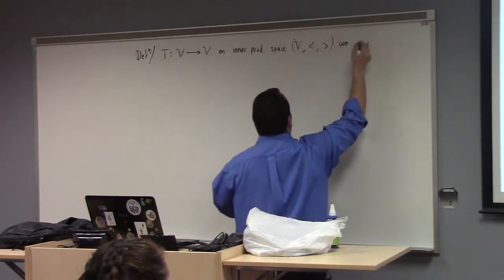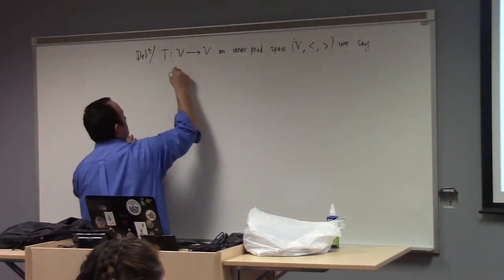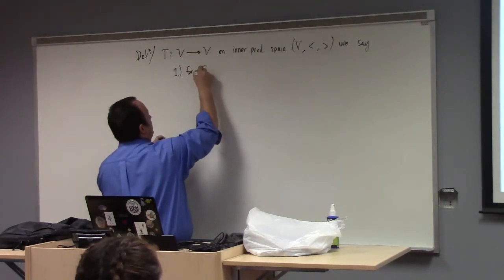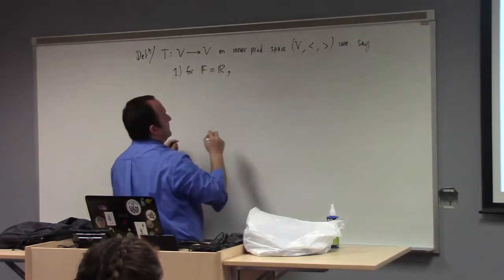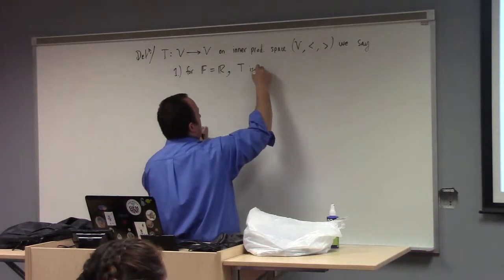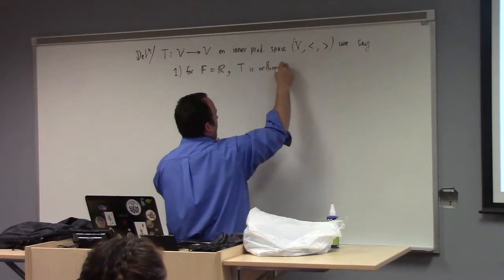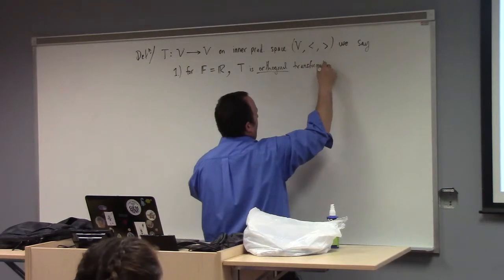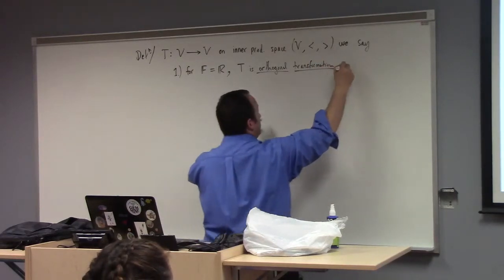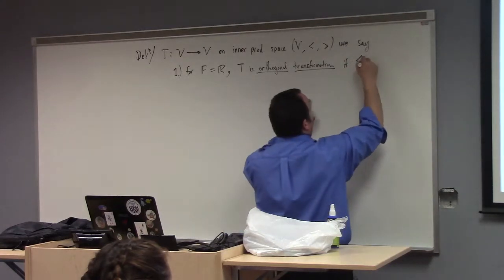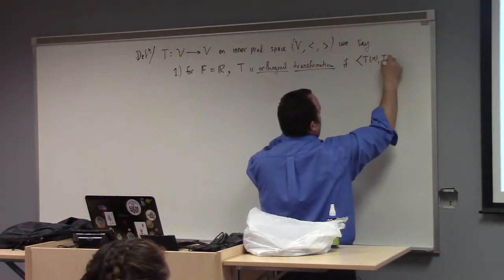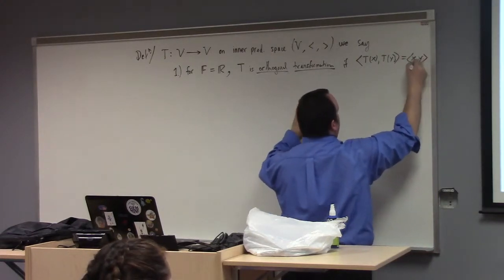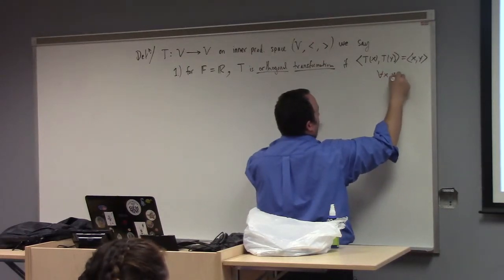We say, number one, for the field being the real numbers, T is an orthogonal transformation if the inner product of Tx with Ty is equal to the inner product of x and y for all x and y in the vector space.